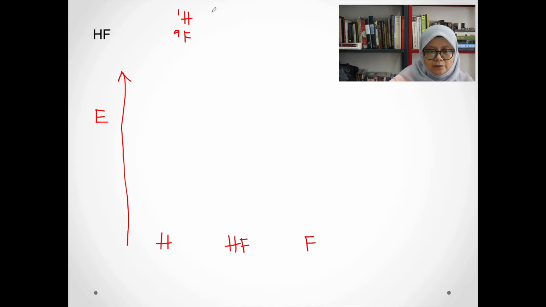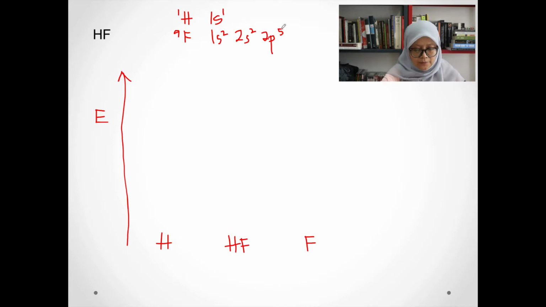So write down first the electron configuration for hydrogen, 1s1, while for fluorine it is 1s2, 2s2, 2p5.